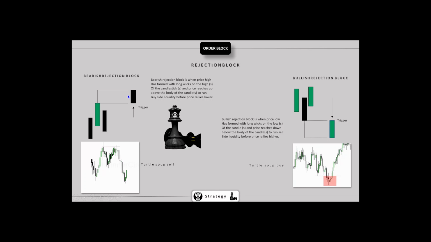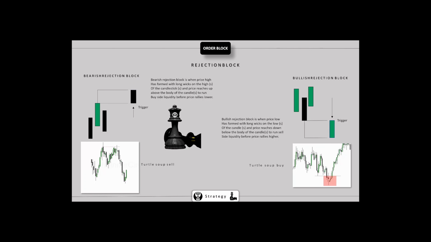On that wick, we can put an imaginary candle block here, which is a bearish candle, right? So this is called a bearish rejection block.